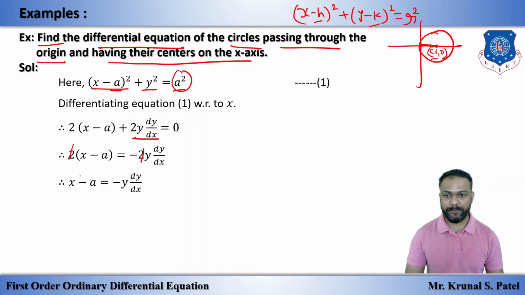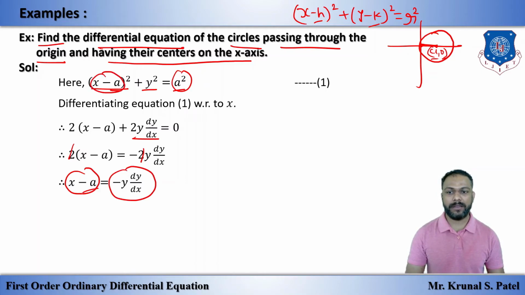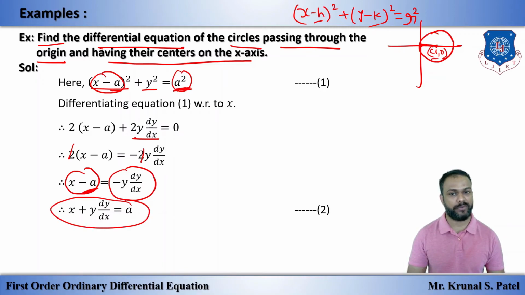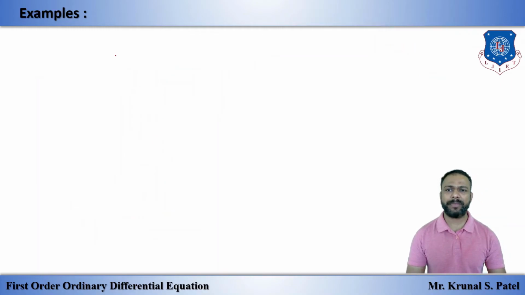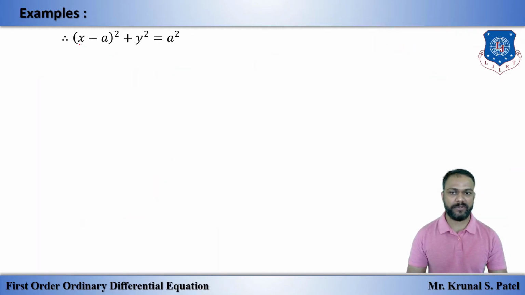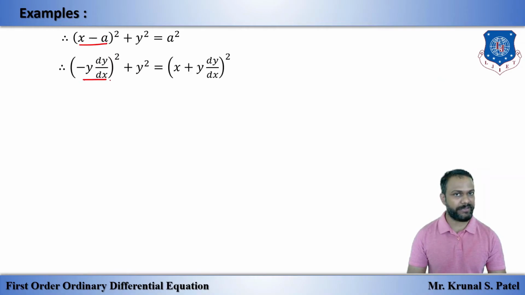So we can put x minus a as minus y dy by dx in equation number 1, and making a the subject, we can put it in place of a in equation number 1. So by putting these two values in equation 1, we can eliminate the arbitrary constant. Simple. So in equation 1 we put the value of x minus a as minus y dy by dx, and the value of a as x plus y dy by dx.